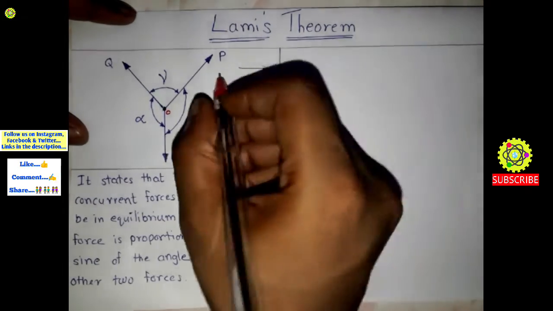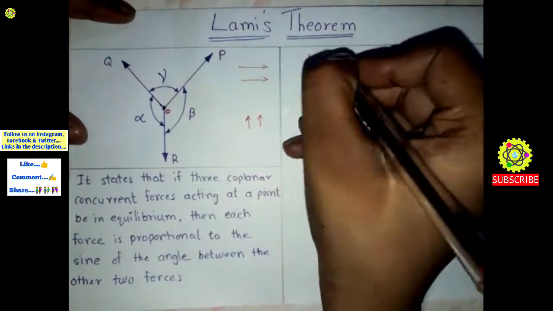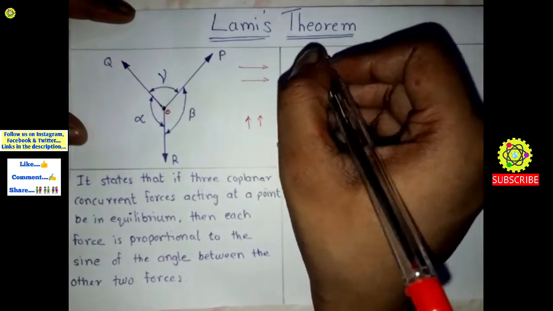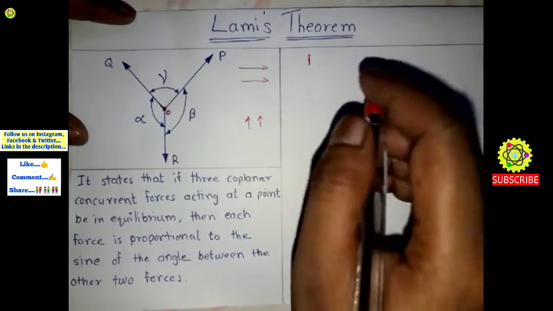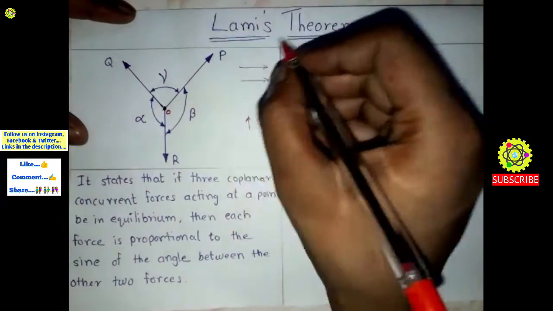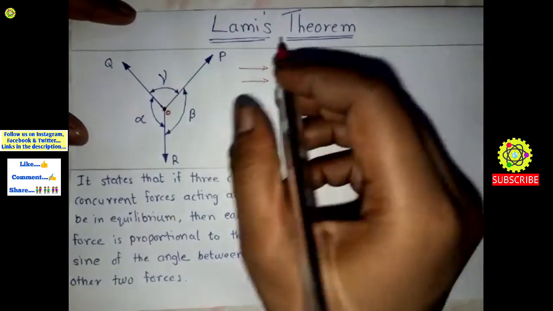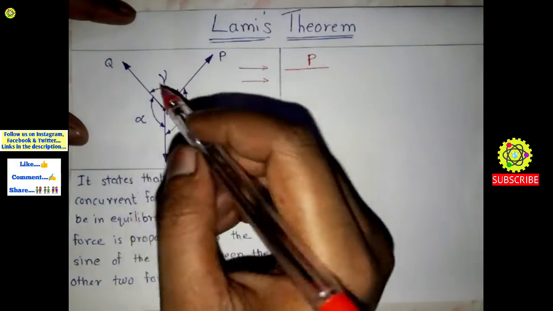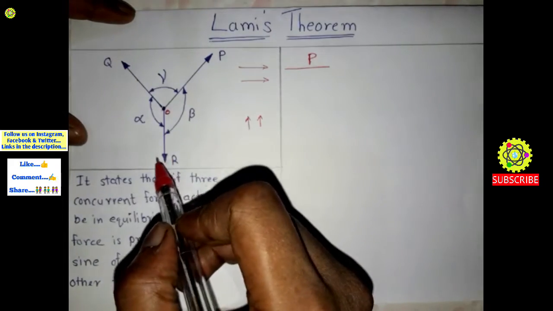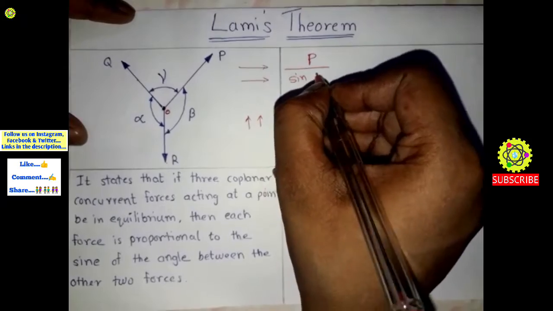Suppose in this diagram, we will first write down Lami's theorem. I am going to write it in mathematical form, then we will read the definition. Suppose this is the force P, and it is proportional to the sine of the angle between the other two forces, that is, in this case, Q force and R force. Here the angle is alpha, so sine alpha.